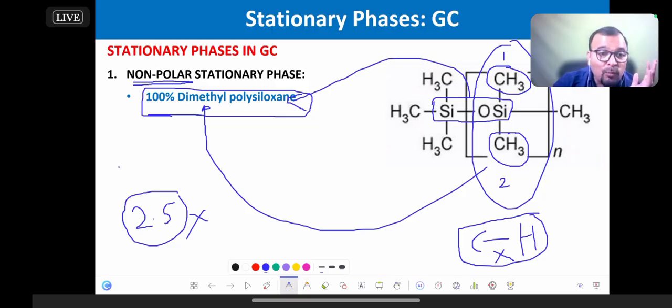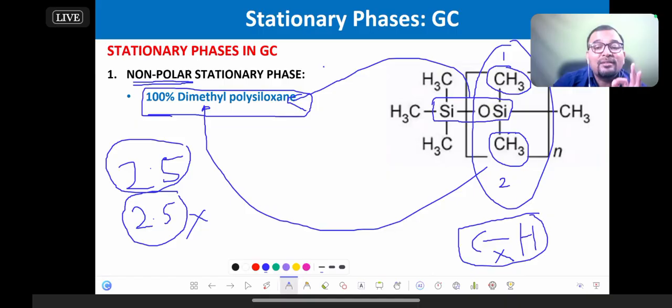That you please remember. 2.5 is the requirement. I do not know why, but 2.5 is the electronegativity difference required to get the bond polarized. And there is no possibility of polarization in case of 100% dimethyl polysiloxane, and that makes it a highly non-polar stationary phase.